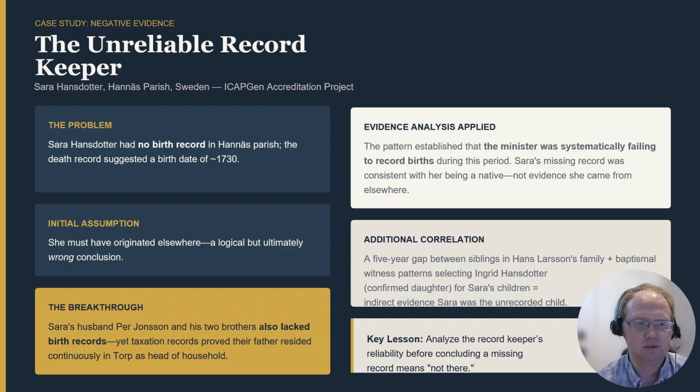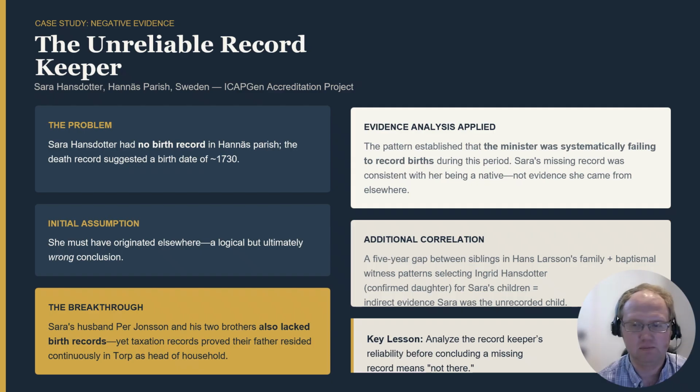However, that was problematic, because eventually I researched her husband. I wanted to find out where he came from too, and I couldn't find a birth record, but I was able to follow him in tax records, and I was able to identify him with probate, taking him to a local family who I could prove was in the area.